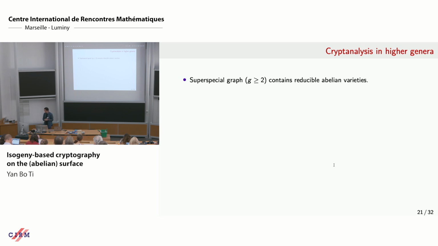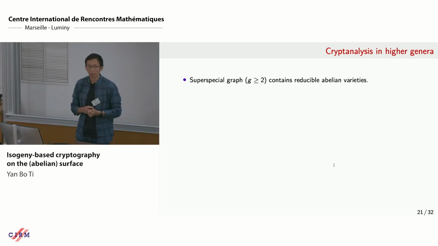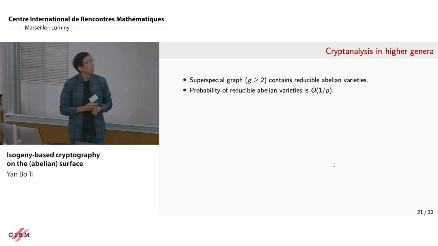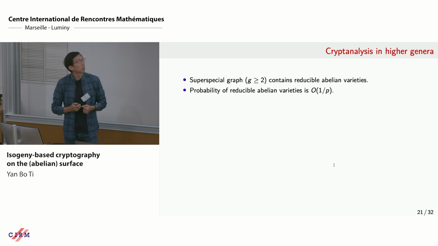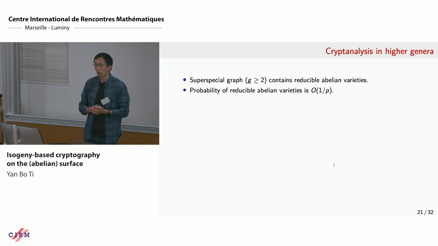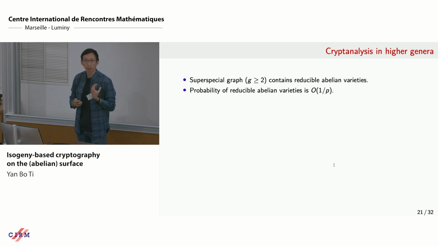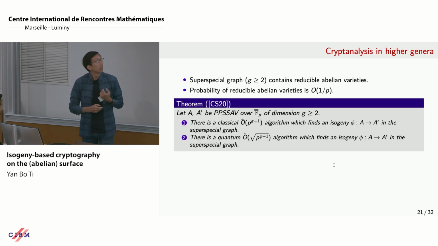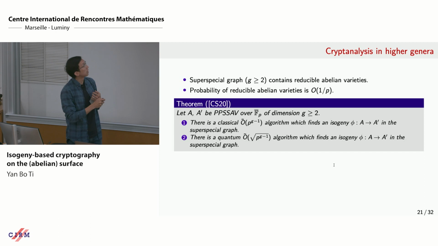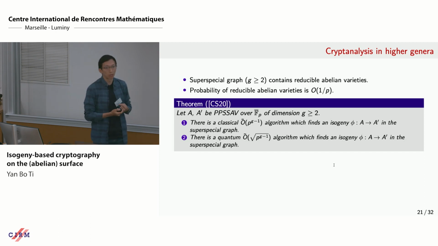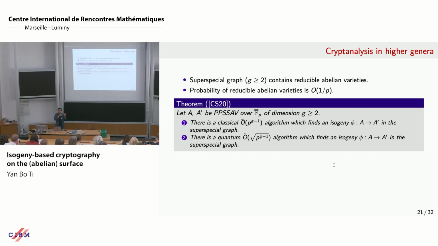Supersingular graphs for dimension 2 and above contain reducible abelian varieties, which I mentioned before. The probability of these abelian varieties occurring is actually 1 over p. So it's quite small, but it's still there. But what you're able to do is treat these as exceptional points. So what Costello and Smith did in 2020 was to come up with an algorithm that searches for these reducible points in the graph.